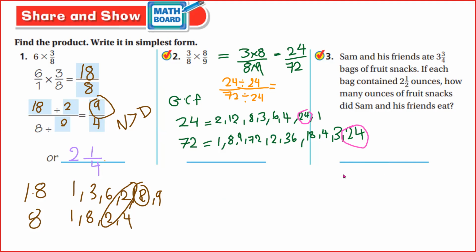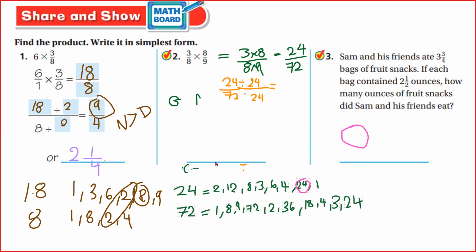And 72 divided by 24? 72 over 24 is what? It's going to be 3. So the product here is 1 over 3. Is it clear? Yes. Okay.